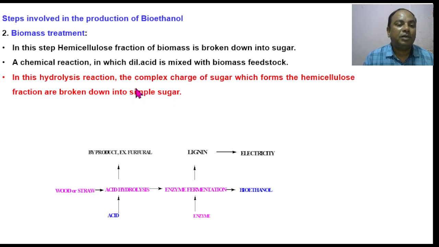This is possible when hemicellulose is treated with dilute acid. The hydrolysis of hemicellulose gives us 5 or 6 carbon sugar.